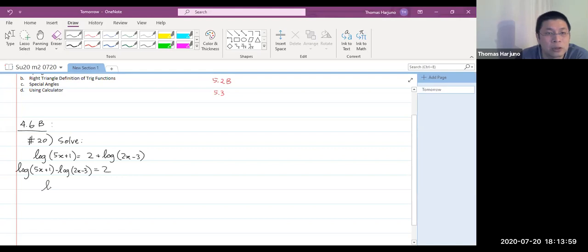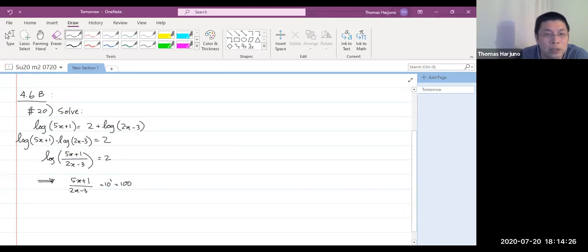So this is log, the difference of logs is the log of the quotient. And then because the base is base 10, I change this into exponential form. That's 10 squared, which is 100.